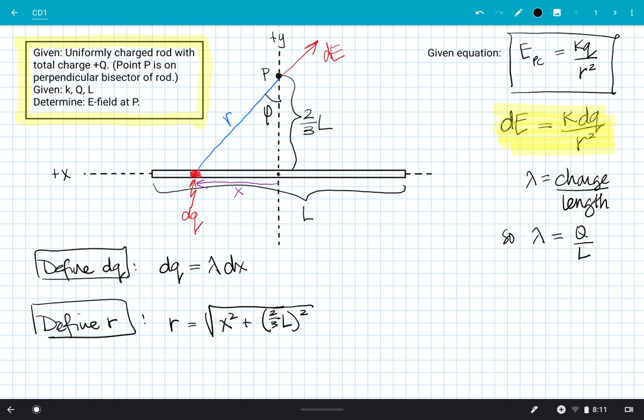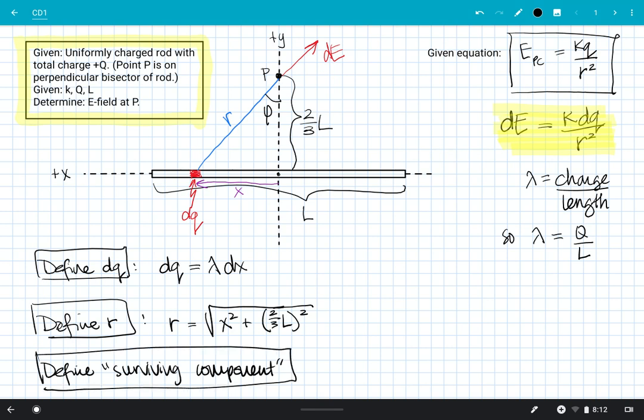So kind of take that in. All of our horizontal components are going to cancel. We're going to only be left with vertical components. The terminology I use for that is a surviving component. So what I say here is we define DQ, define R, and then we define what we're going to call our surviving component, because that's the only component we care about. Okay.